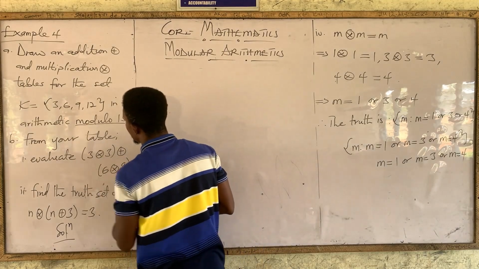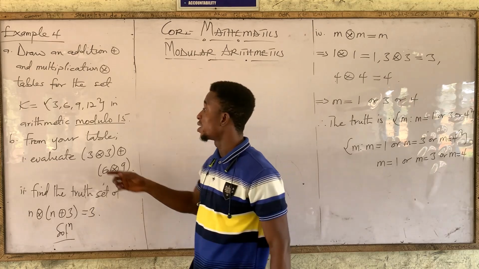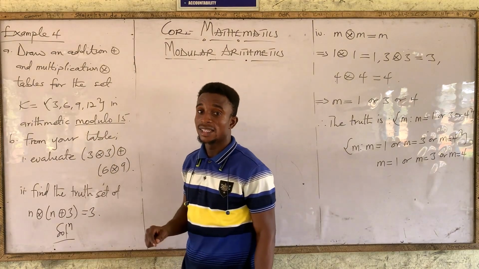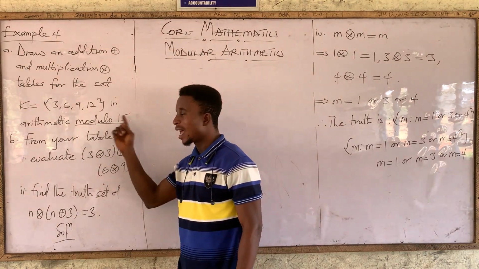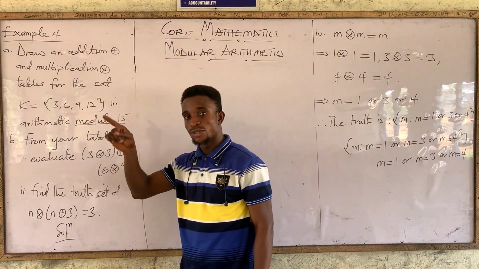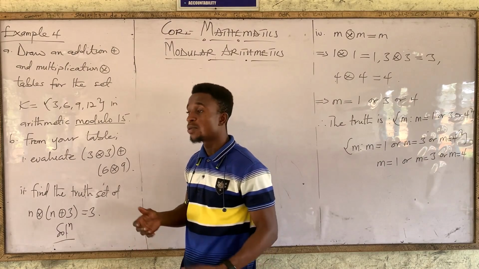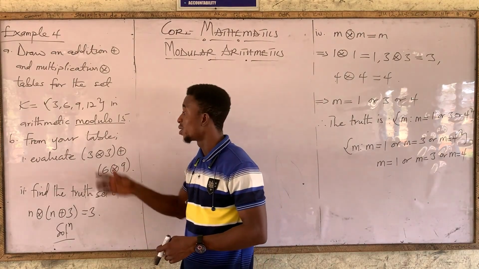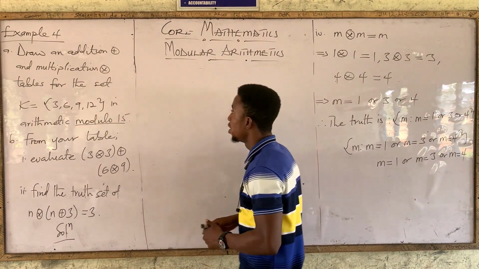That is modulo 15. So the first thing you have to do, whenever you read a question, underline the modulo. Are you getting that? So that as you are solving, you go to the question paper, the underline will cast you back to the modulo you are working in. Some people will just add and put some answers, forgetting that they are working in what modulo. Are we getting that? Okay.